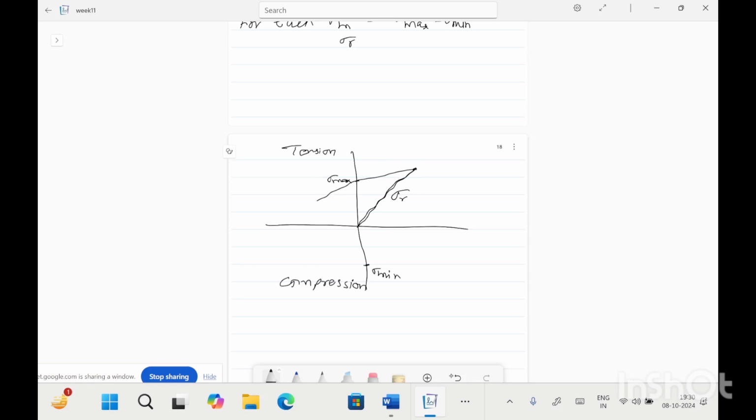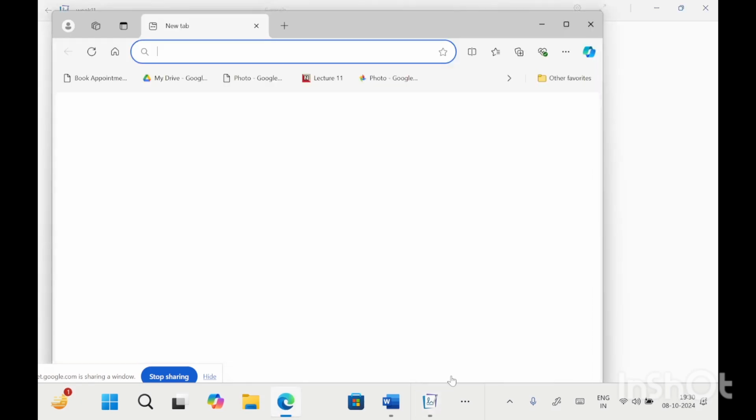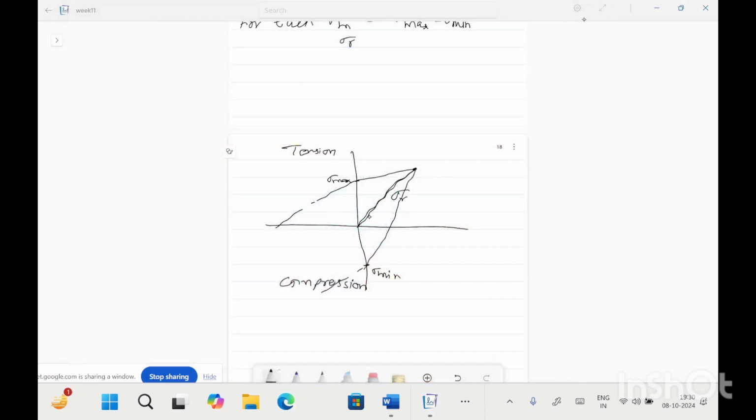So the curve will follow like this, a line will follow. For compression it will be this. So the angle between stress range and the mean stress, this is not number of cycles, this is mean stress, is 45 degrees.